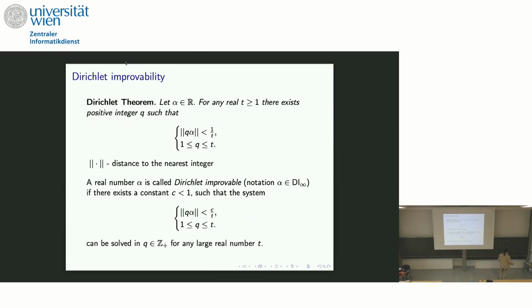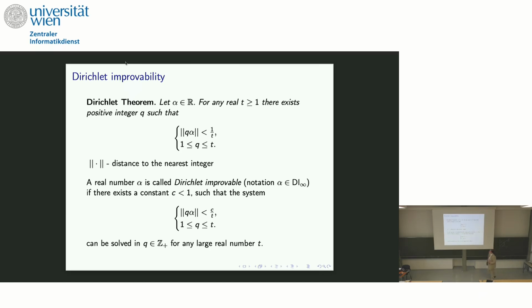So the first theorem with which we should start a lecture about Diophantine approximation is Dirichlet's theorem. Dirichlet's theorem means that if we consider a parallelogram parallel to this line y equal alpha x, with sides t and 1 over t, each such parallelogram contains an integer point.